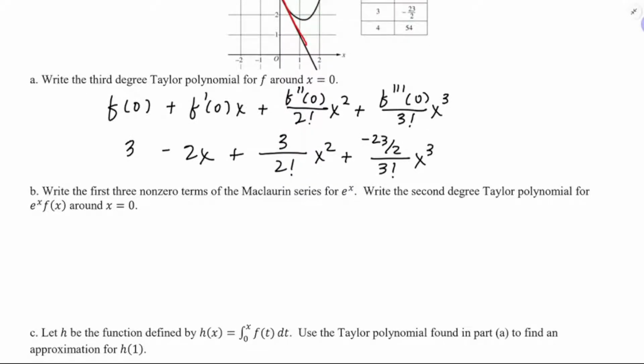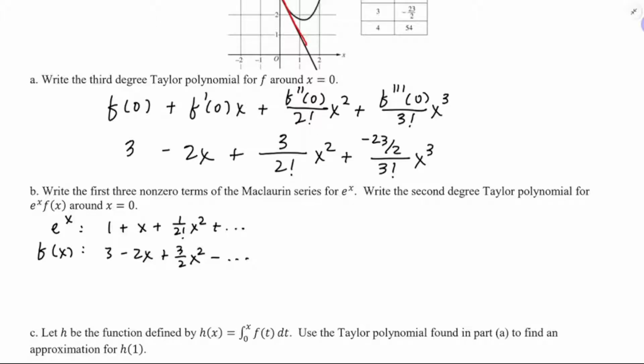First three non-zero terms of the Maclaurin series for e to the x. Okay, well, 1 plus x squared over 2 factorial plus dot dot dot. Second degree Taylor polynomial for e to the x, f of x. Okay, well, I'll just do the second degree polynomial for f, 3 minus 2x plus 3 halves x squared, minus a term, but we're not going to need to worry about that.